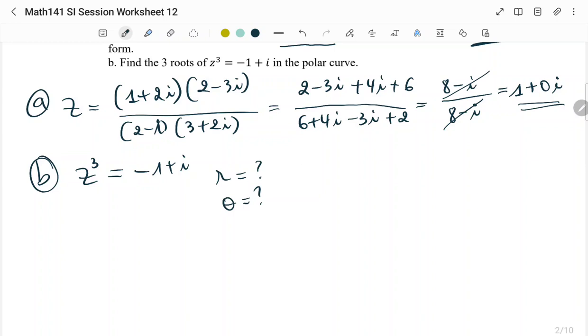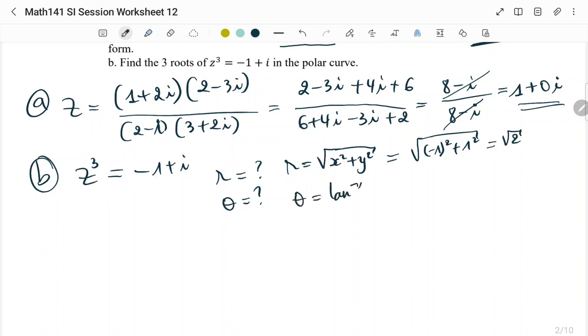Well, we know that r is equal to the square root of x squared plus y squared, which is the square root of negative 1 squared plus 1 squared, which is just root 2, and theta is tan inverse of 1 over negative 1, which is equal to tan inverse of negative 1, which is equal to what?